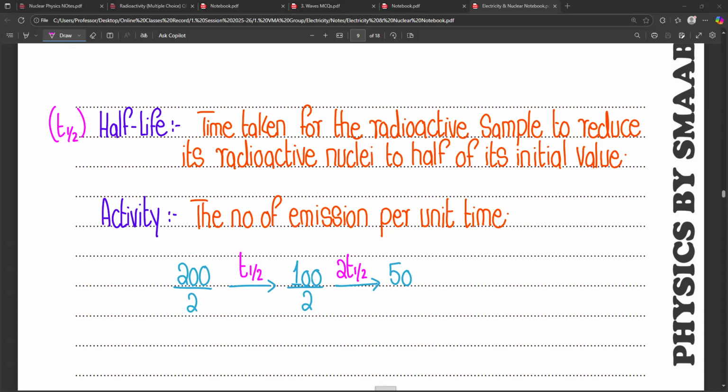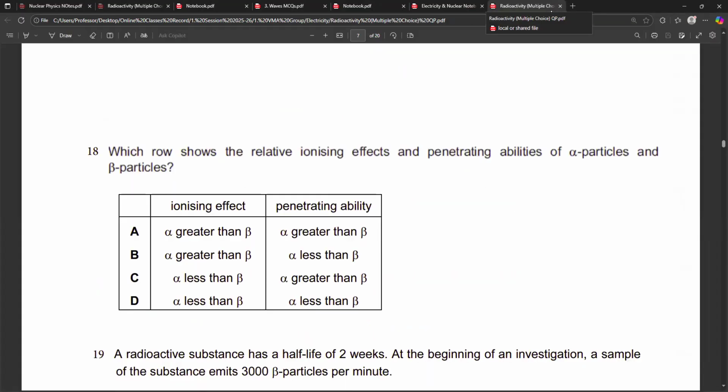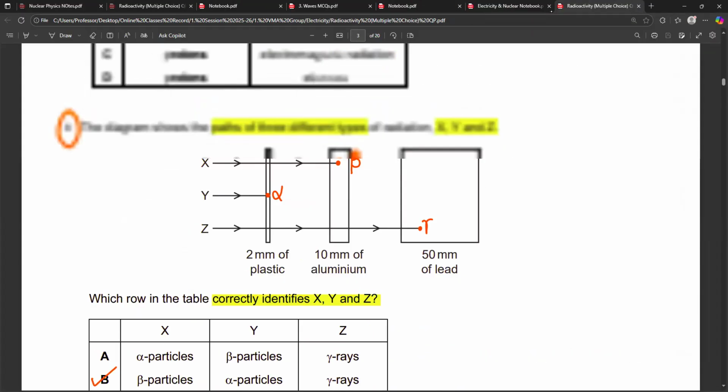Very simple. So this is the first question.